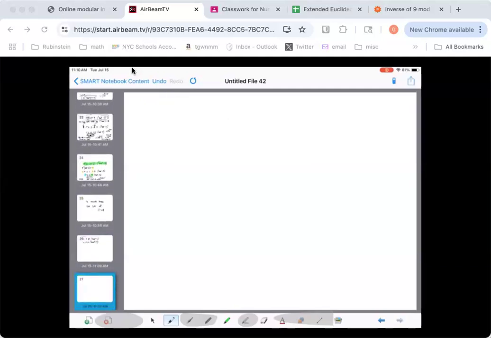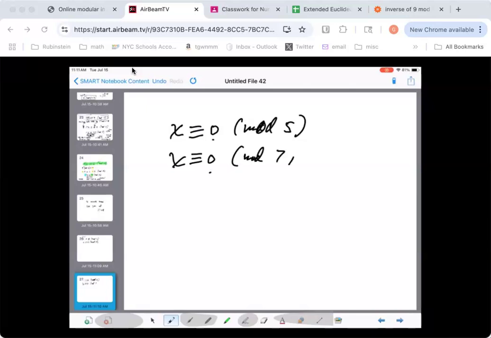There is a situation of Chinese remainder that's easier than other ones. For instance, I suppose if my question was this, if I got really lucky and these two numbers were both zeros, just to build up.